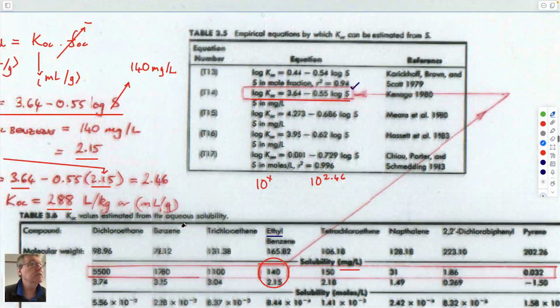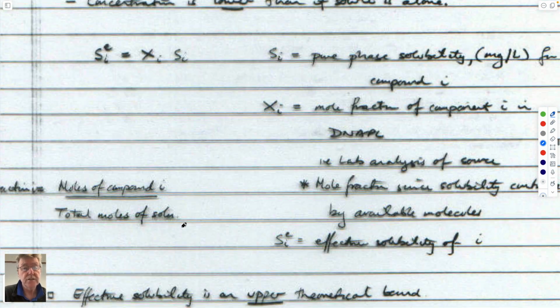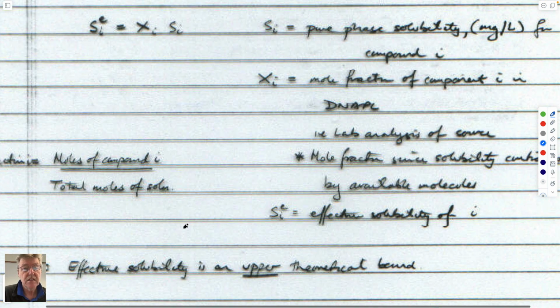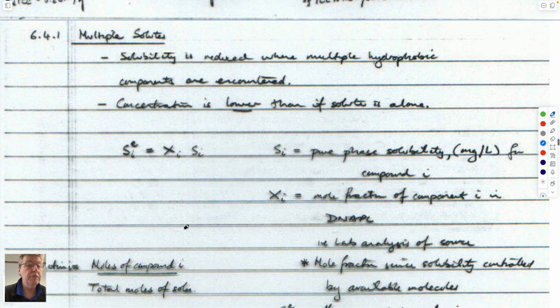And you must have had Raoult's law somewhere in your past, right? Yes? Yeah, fine. So that just says that solutes will compete within the solvent for spaces within that solvent, and you can get the effective solubility of that compound by knowing the mole fraction of that free phase component and its solubility.